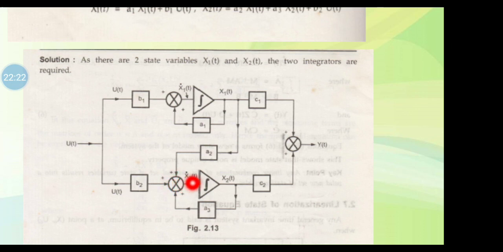So x2 dot of t is b2 u of t plus a3 x2 of t plus a2 x1 of t. Then c1, c2, we give them to the adder, and we'll get y of t. So what is y of t? It is the sum of both. This is how to obtain y of t. So here I'll stop, we will continue in the next lecture.